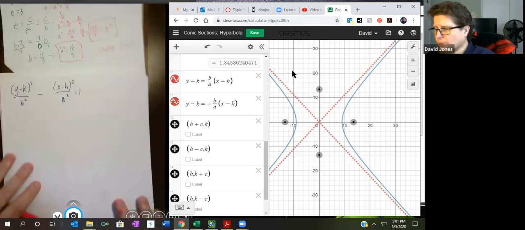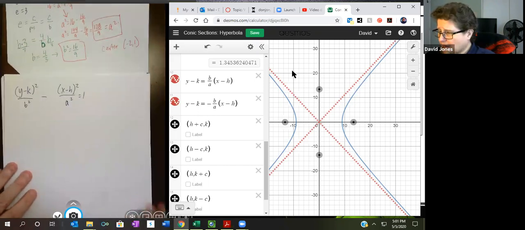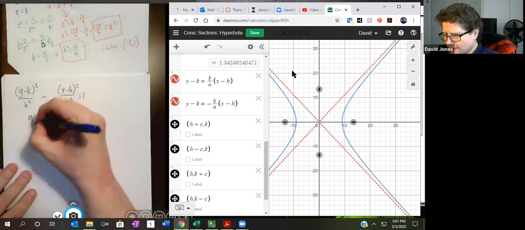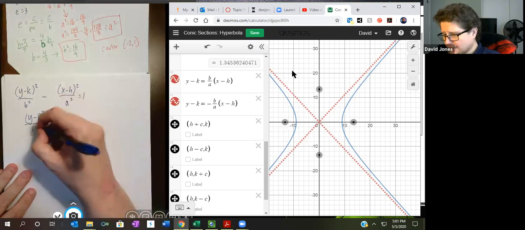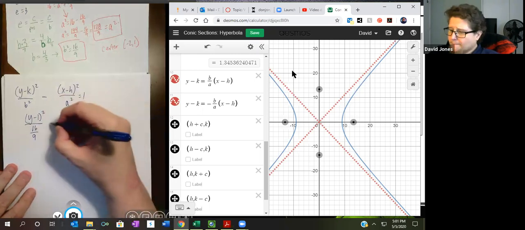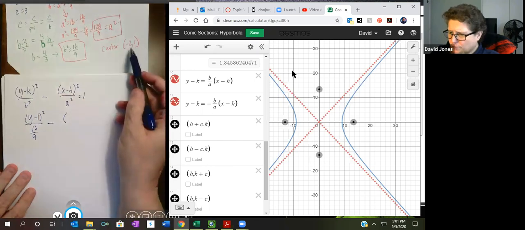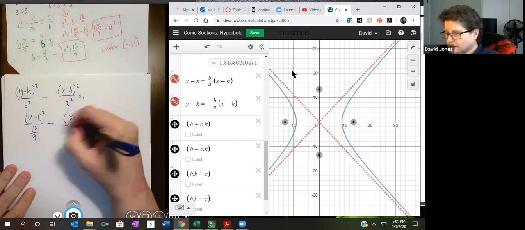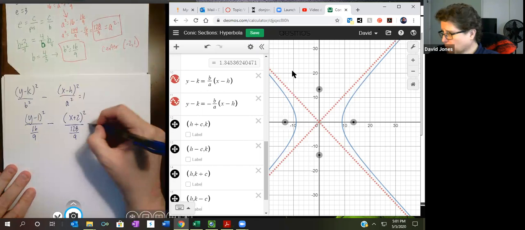And now let's plug in what we have. I've got K is 1. So I've got y minus 1 squared over B squared, which is 16 over 9. Minus H is negative 2, so negative 2 is positive 2 over 128 over 9 equals 1.